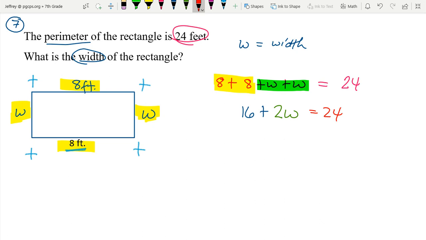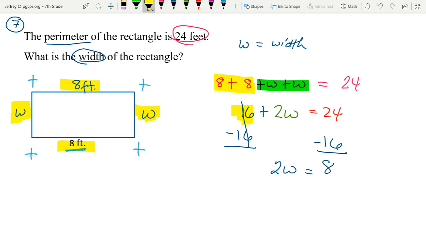We need to undo the constant, and the constant is positive 16. What's the opposite of positive 16? Minus 16. Whatever you do on one side, you do on the other side. So that's a 0. What's left is 2W is equal to 24 minus 16, which gives us 8.